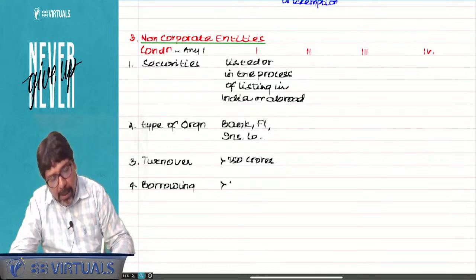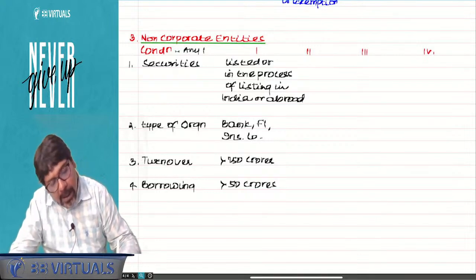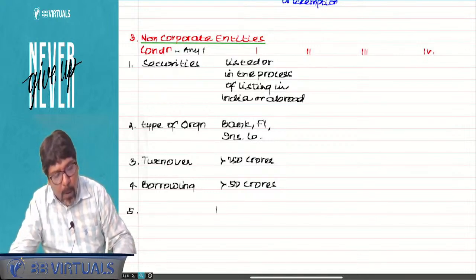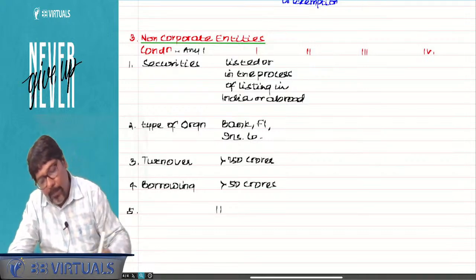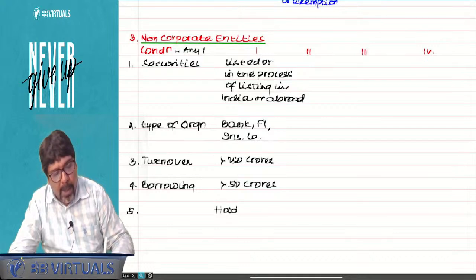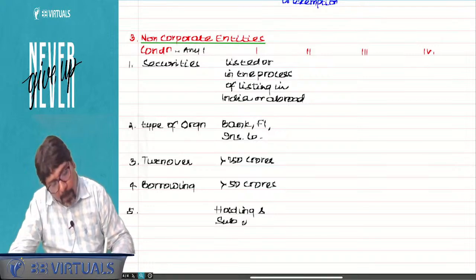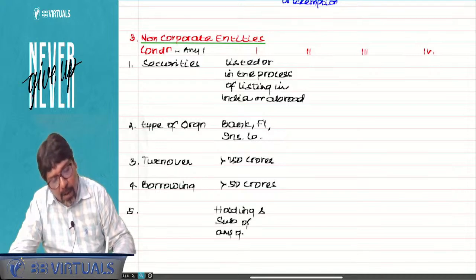Borrowing should be greater than 50 crores. And number 5, holding and subsidiary of any of the above.